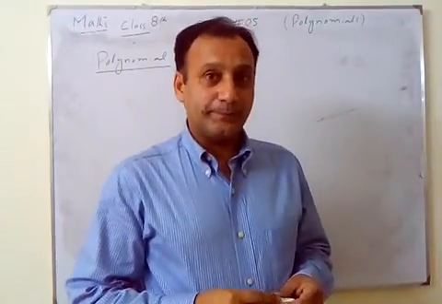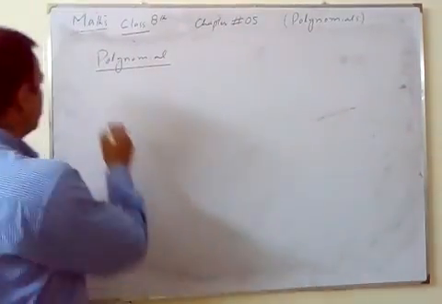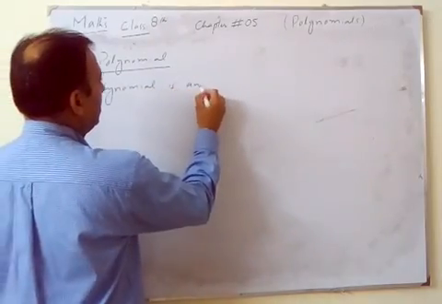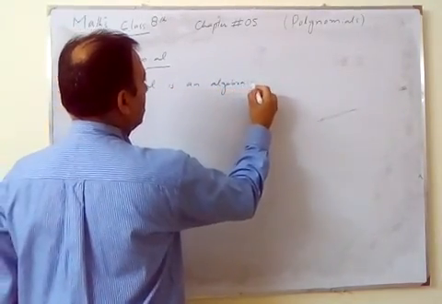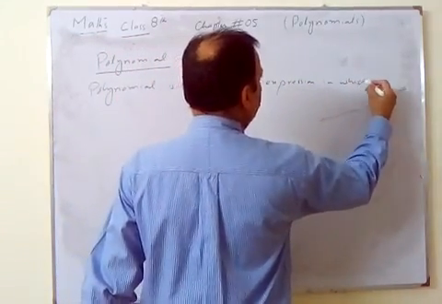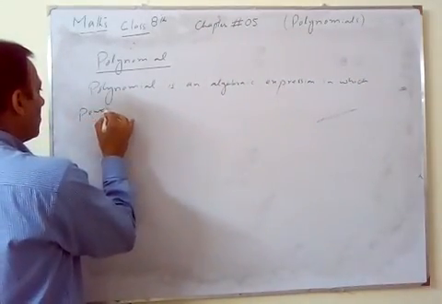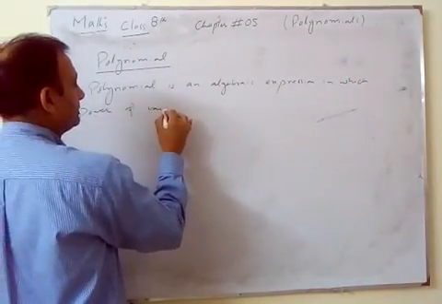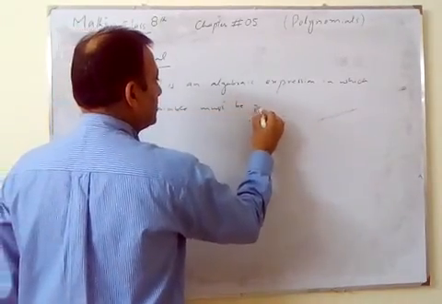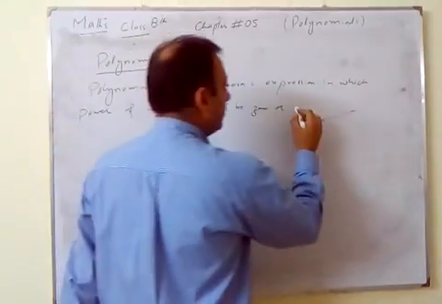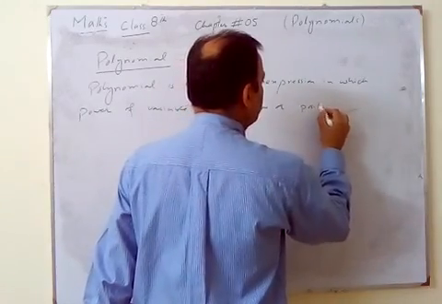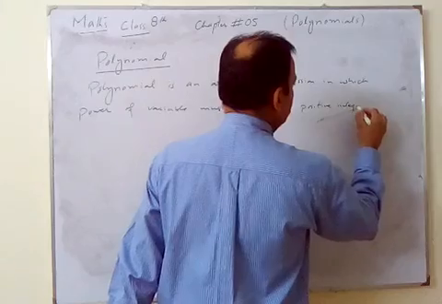A polynomial is an algebraic expression in which the power of the variable must be 0 or a natural number, a positive integer.